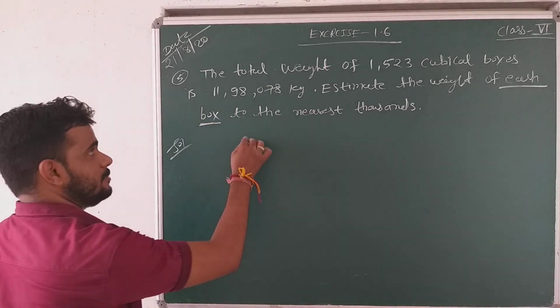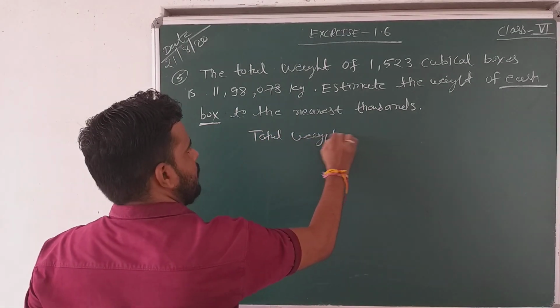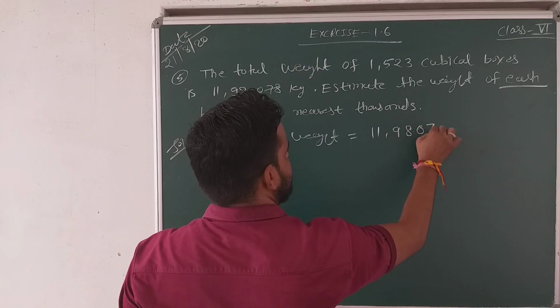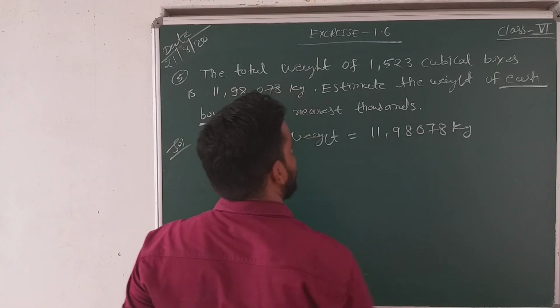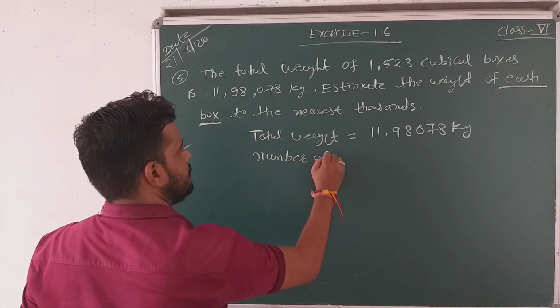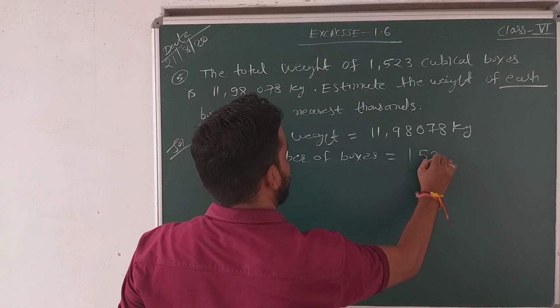So we know the total weight is how much, 11,98,078 kg. And the number of boxes is 1,523.